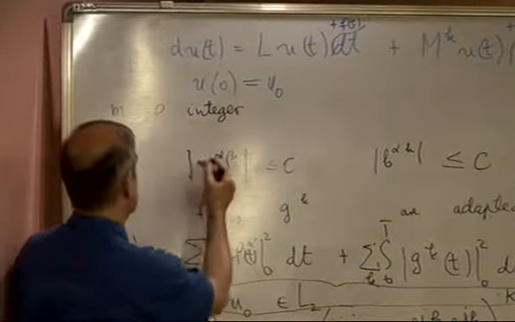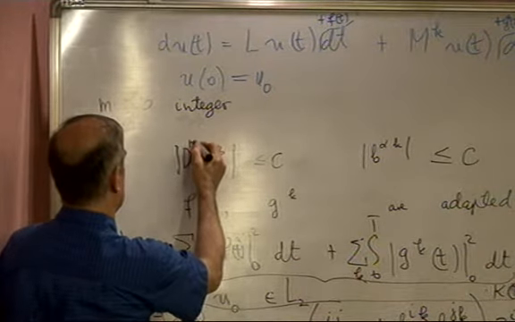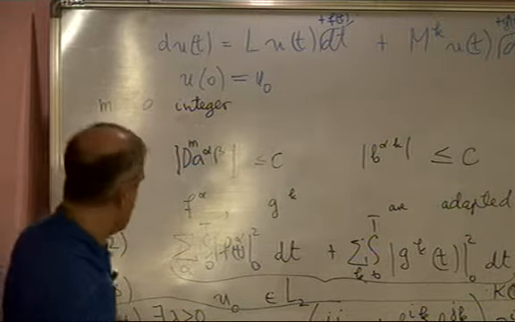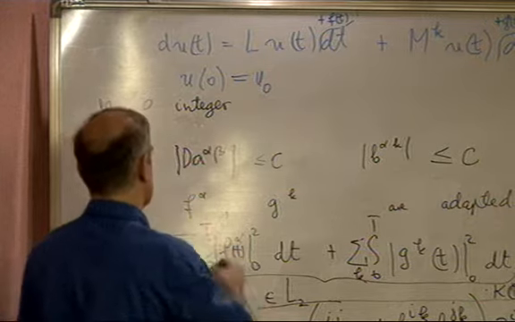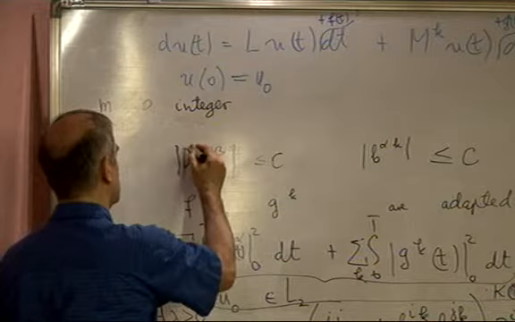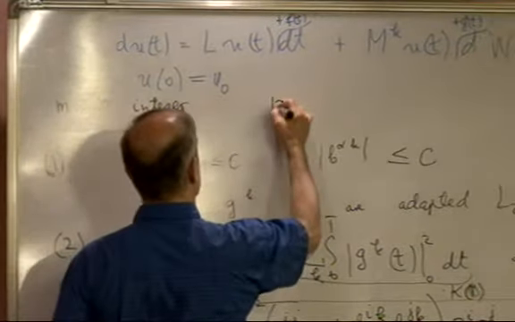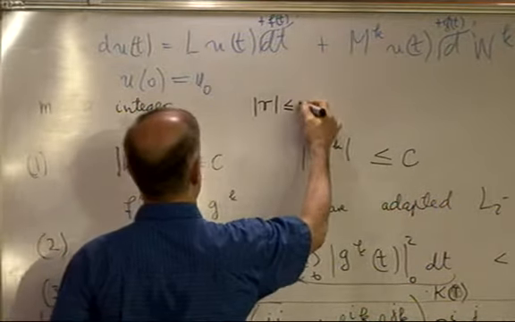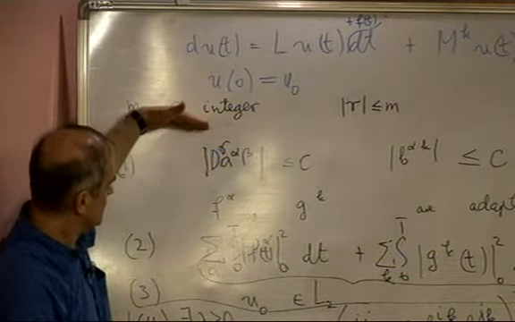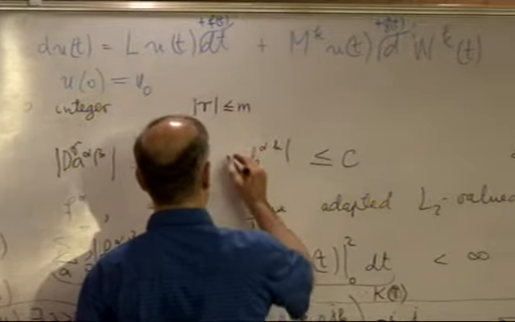And suppose that all partial derivatives up to order m are bounded functions, bounded by a fixed constant, similarly for the others.